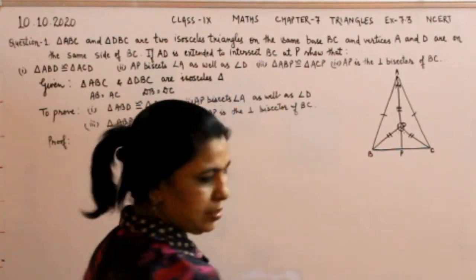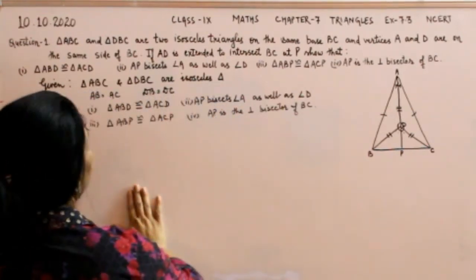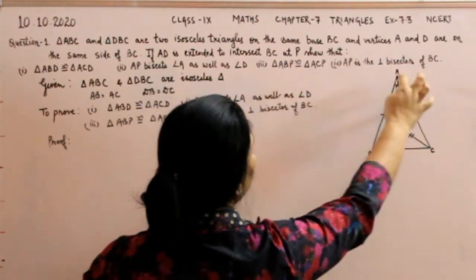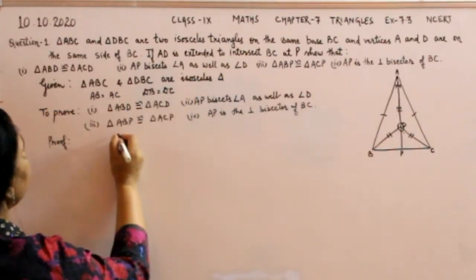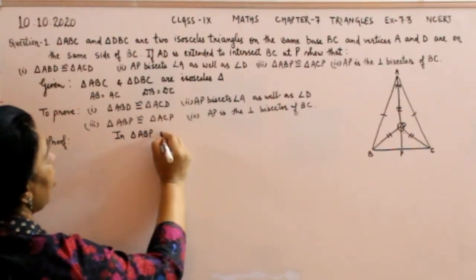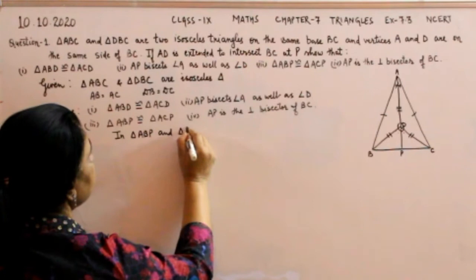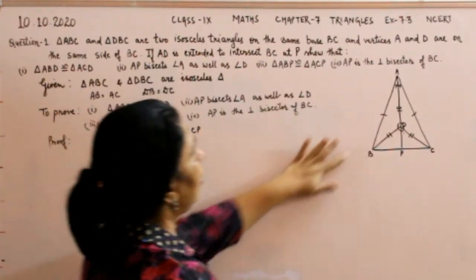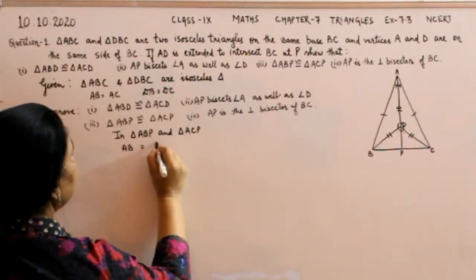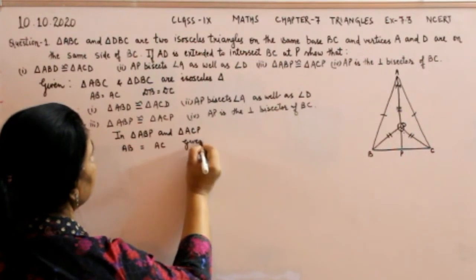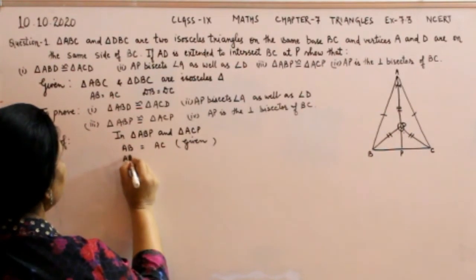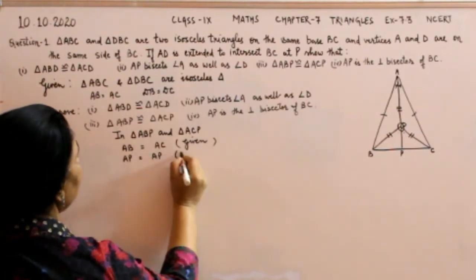Now coming to the third part. What does this third part say? We have to prove triangle ABP is congruent to triangle ACP. Now coming to these two triangles, in triangle ABP and triangle ACP, AB is equal to AC, it's given. AP is common to both.